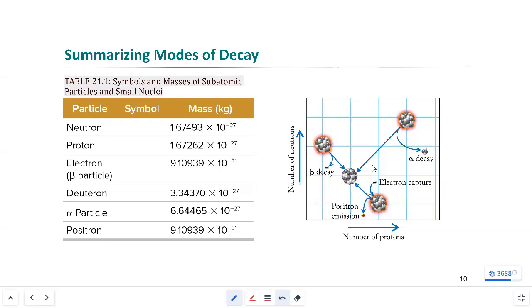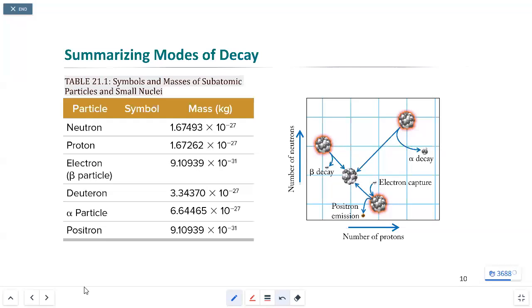So if we look at all these kind of together, some of this information here is essentially the same as what we've seen before. Here we have a neutron. Here's its atomic mass. Here we have the proton. Here's its mass. We can see that the two masses are very, very similar.